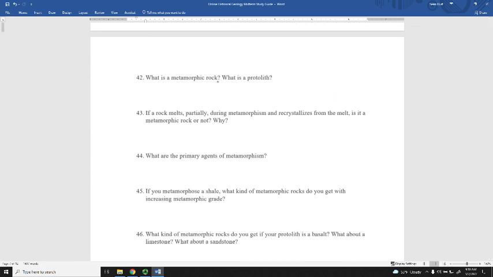Okay. All right. So what is a metamorphic rock? A metamorphic rock is one that's been changed in the solid state. Okay. So maybe we can put a transformed or metamorphosed rock in solid state. And solid state is very important here because once something melts and becomes a liquid or partially a liquid, remember that rocks don't melt at one temperature. They melt over a range of temperatures.